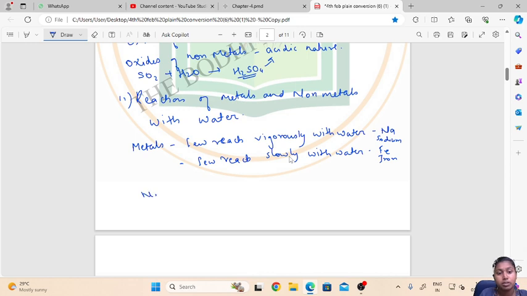So non-metals don't react. For example, phosphorus.